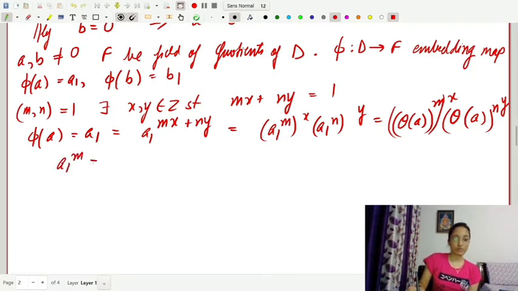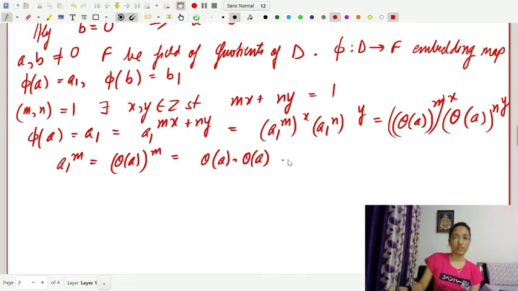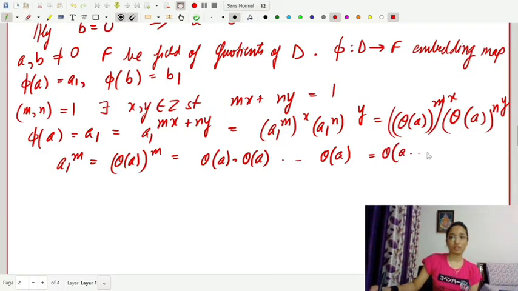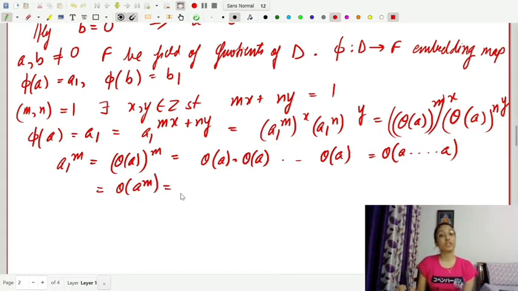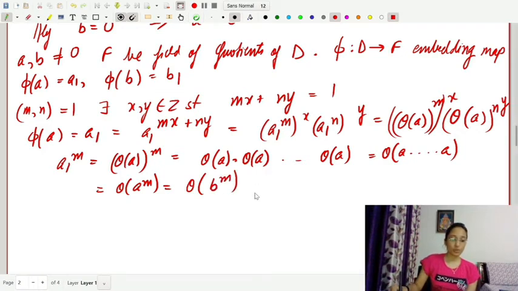A1 raised to power m is equal to theta of a raised to power m, which in turn implies theta of a into theta of a, so on up to theta of a, m times, which in turn is equal to theta of a raised to power m. A raised to power m is equal to b raised to power m, theta of b raised to power m, which in turn implies b1 raised to power m.